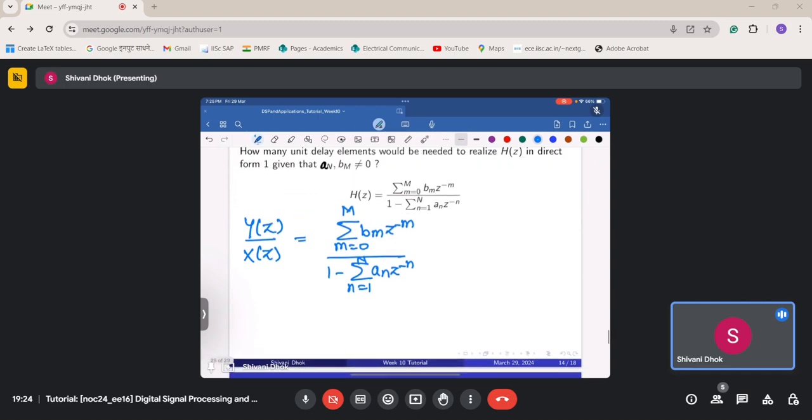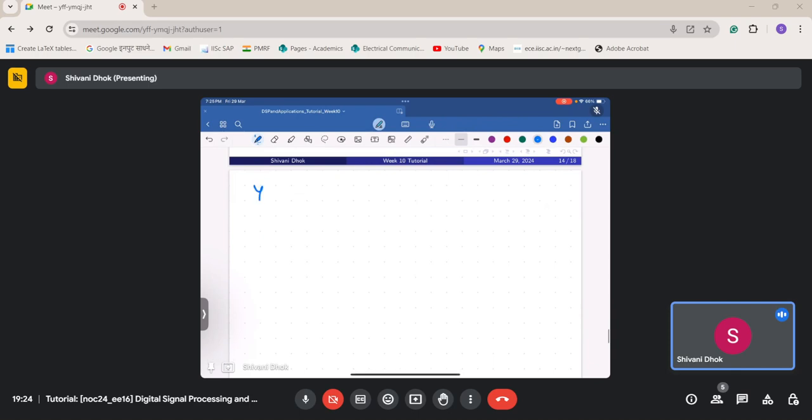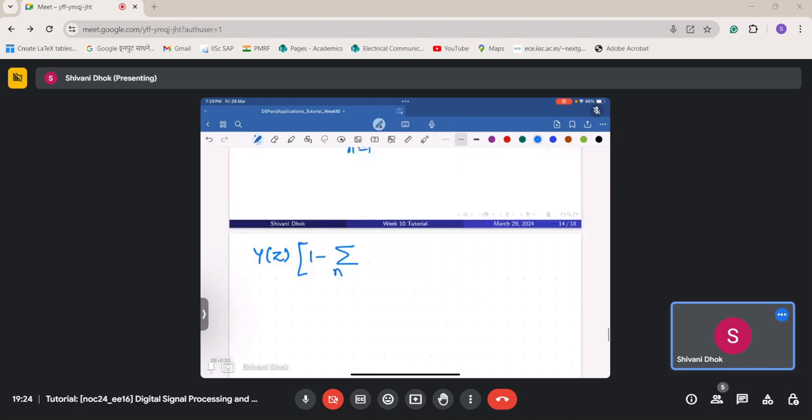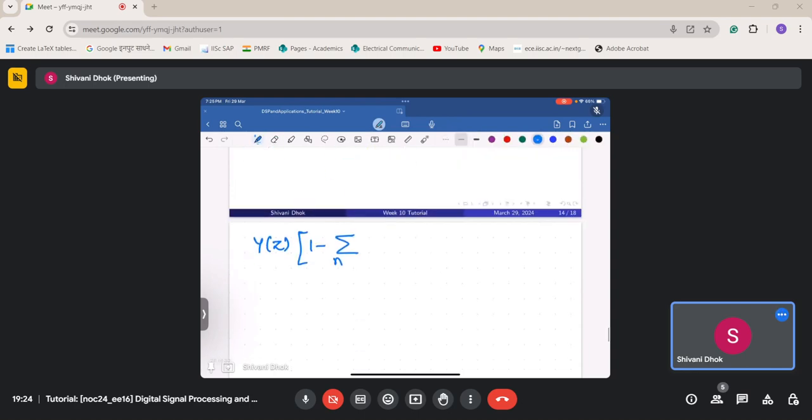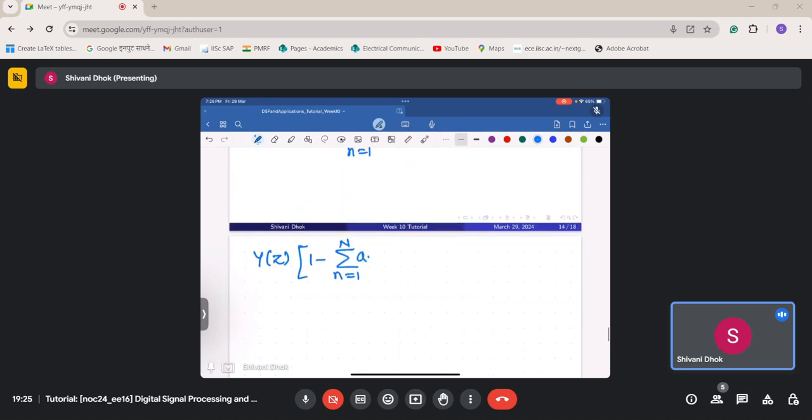So now I can just cross multiply and write Y of z multiplied by 1 minus summation n equal to 1 to capital N a n z to the power minus n, which is equal to X of z into summation m equal to 0 to capital M b m into z to the power minus m.